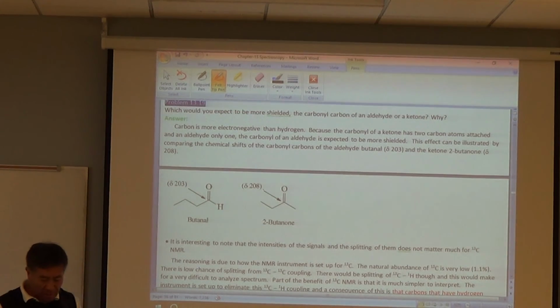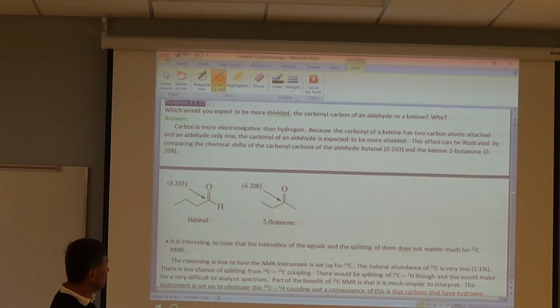Now, if I tell you the result like this, the aldehyde has a lower chemical shift, which means more shielded than the ketone, which is more de-shielded because you have a larger number.